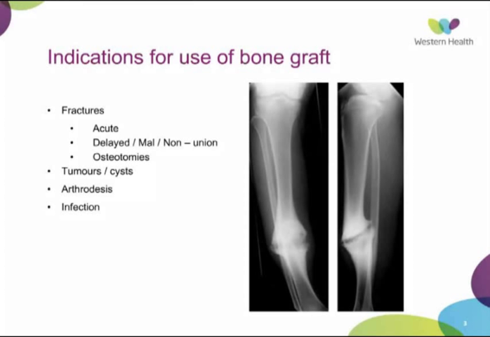So just briefly on indications of bone graft, well obviously in the trauma setting with fractures, there's controversy around its use in acute fractures, where we more see it in our practice used in delayed or non-union cases. However, in acute cases it can be used for bone-filling defects, where there's a lot of comminution to fracture sites, and can form a moulded bone graft.